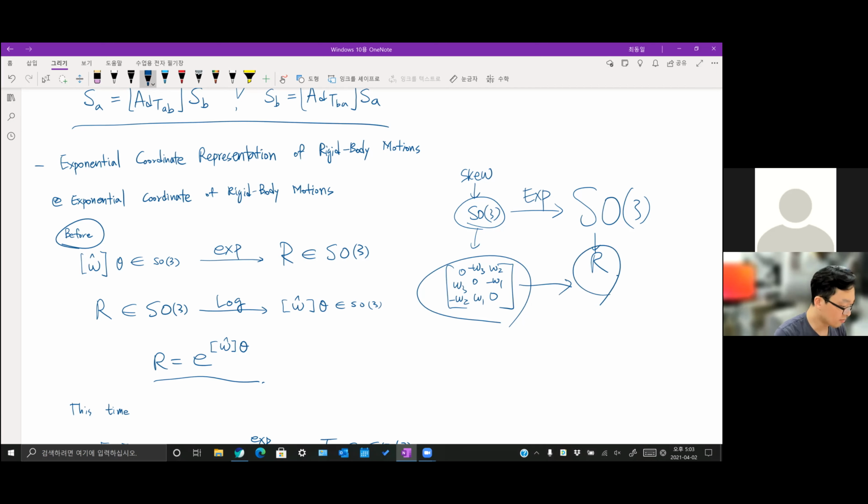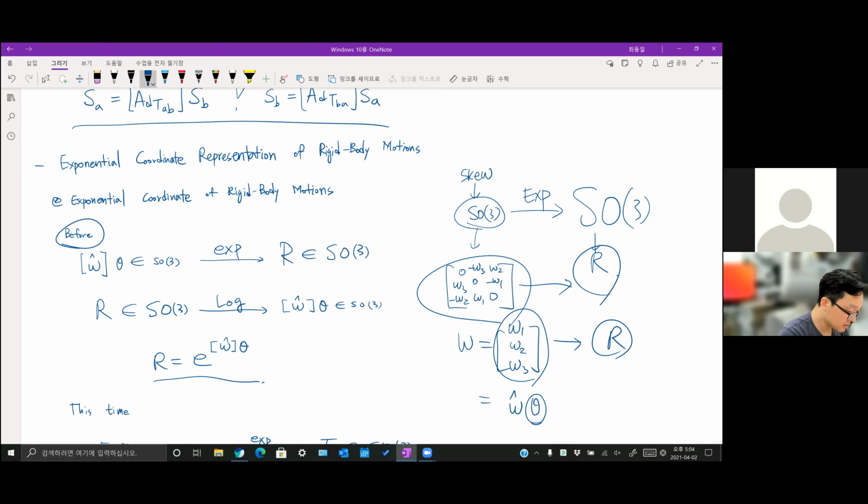rotation matrix. So if we know the rotation axis, we can find the rotation matrix. And also, this angular velocity vector can be represented by a unit vector.